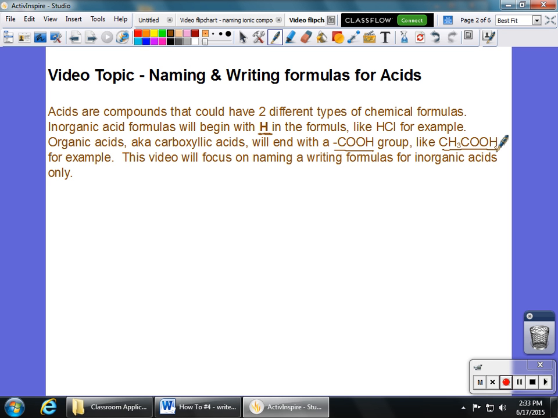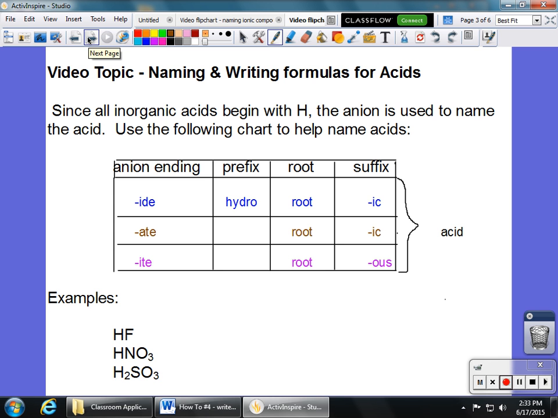So, when it comes to writing those formulas, this chart becomes extremely important. If you figure out what the anion is, because remember, since all of their compounds will start with hydrogen, it is important that you identify what the anion's name would be. If the anion's name happens to end in IDE, then you're going to use the word hydro, the root of the anion itself, followed by the suffix IC with the word acid.